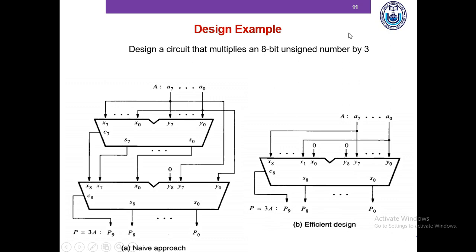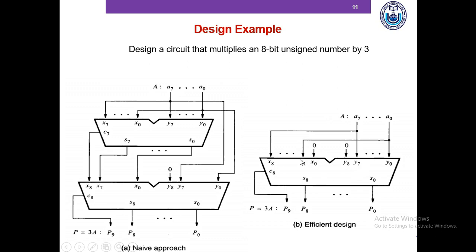So with this idea in mind, we can design our efficient circuit that can multiply a number by 3. We're still going to input A in the Y input, but in the X input of the adder, we're going to input a left shifted version of the number A. To implement the left shift, I have set the rightmost bit equal to 0.